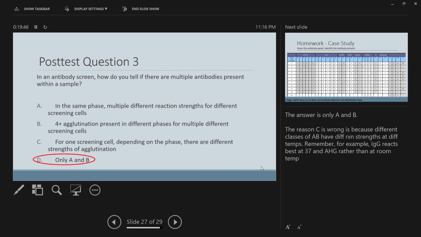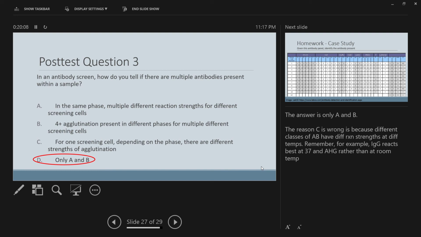The reason C is wrong is because different classes of antibodies have different reaction strengths at different temperatures. So if you remember, IgG reacts best at 37 degrees Celsius, while IgM reacts best at immediate spin.